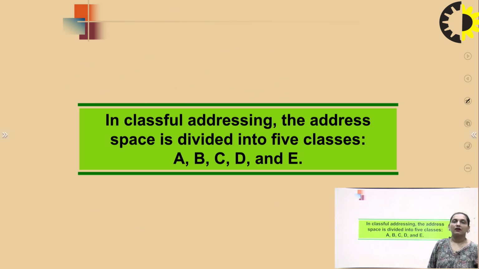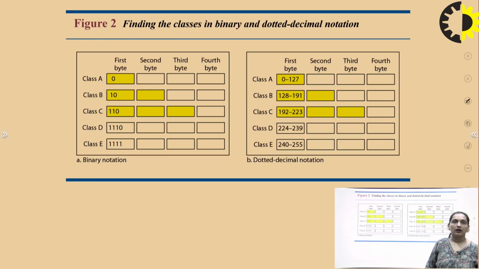We are using classful addressing. We divide the IPs into A, B, C, D, E parts.